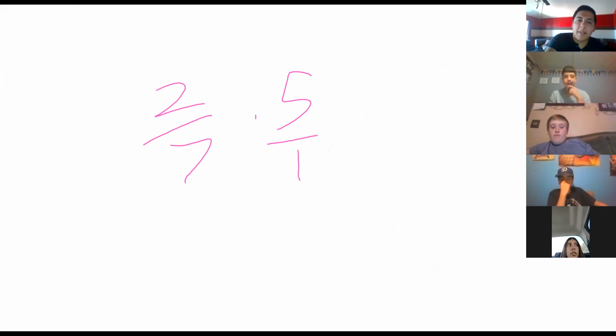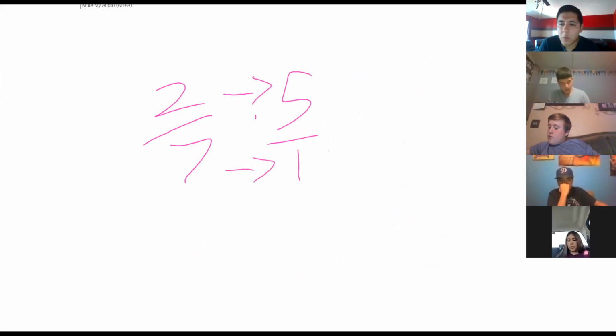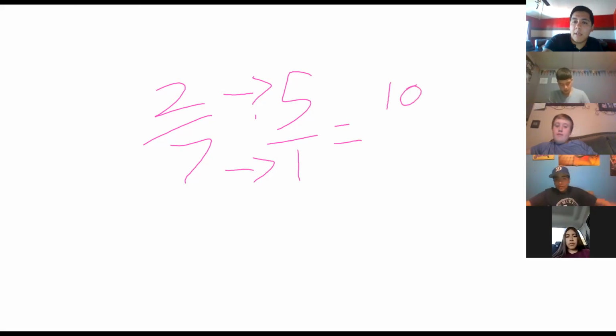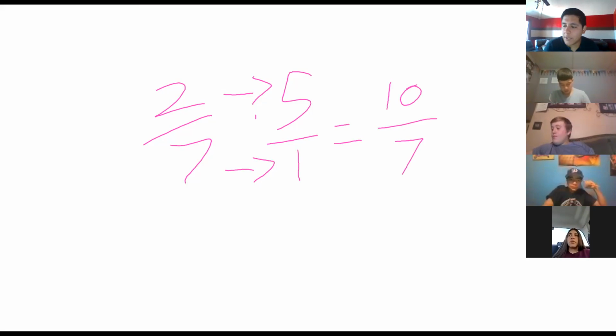Remember from last week, we talked about how below every number, we assume that there is a 1. Okay, so now we just multiply straight across. 2 times 5, which gives us 10. And then 7 times 1, which is 7.